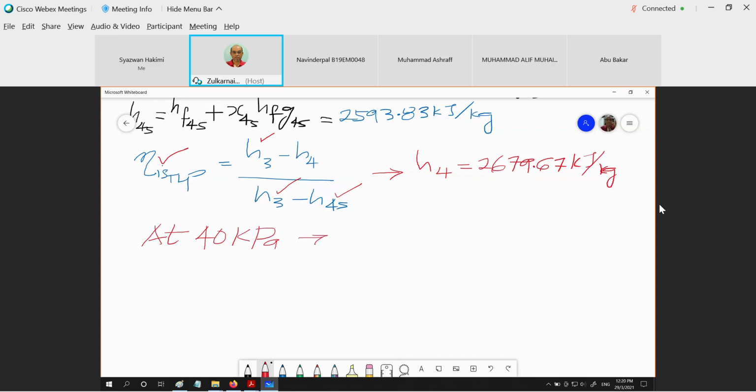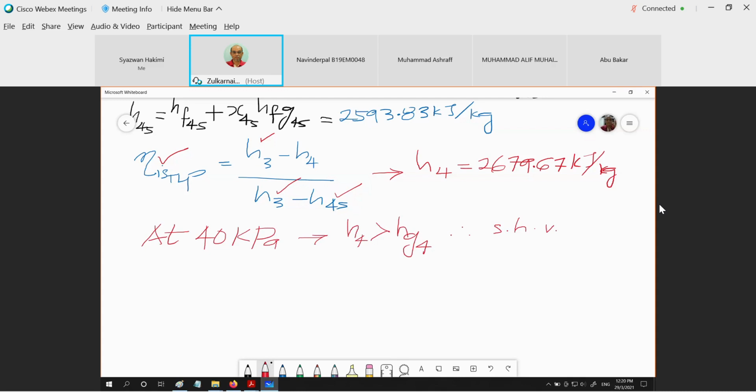And look where is actually the state of 4? Higher, sir. Superheated. So you are getting that H4 is greater than Hg4. Therefore, superheated vapor.